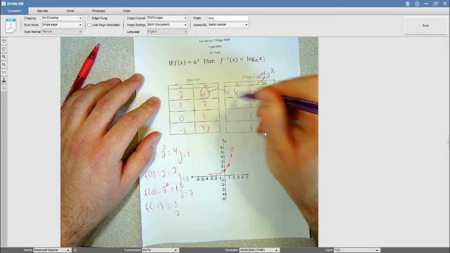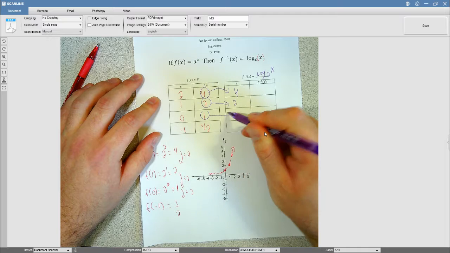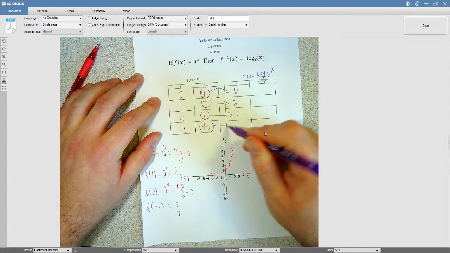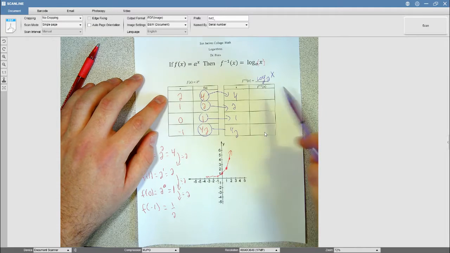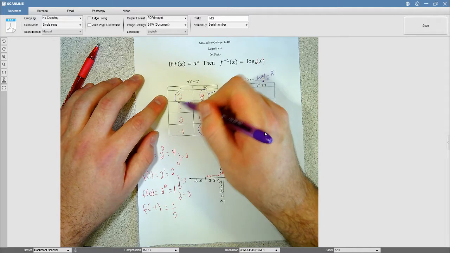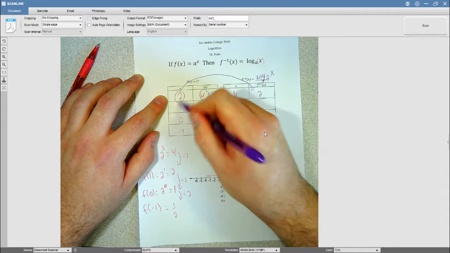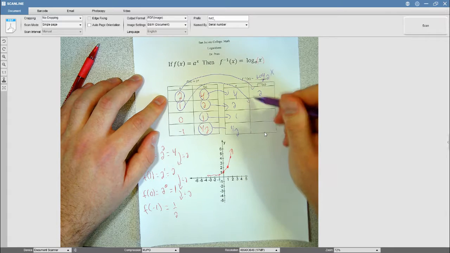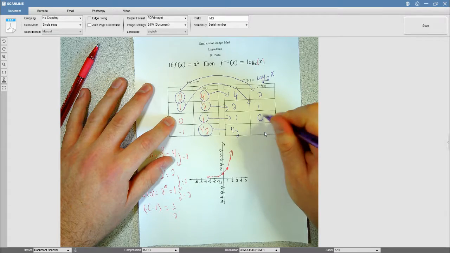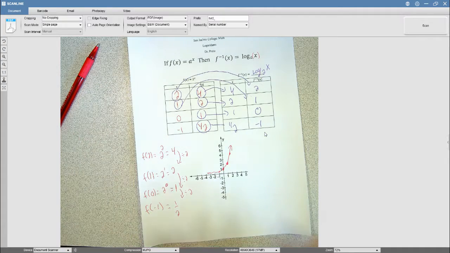So that'd be 4, that's a 2, that's a 1, and that's a 1/2. And how do we find out what the outputs are going to be? Well, those are right here. So that's 2, 1. I think you see the pattern. 0, -1.